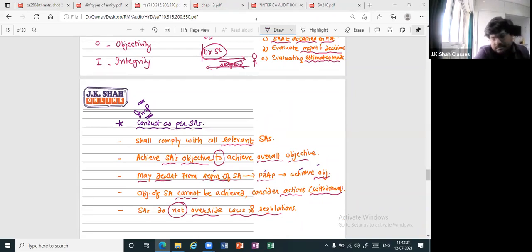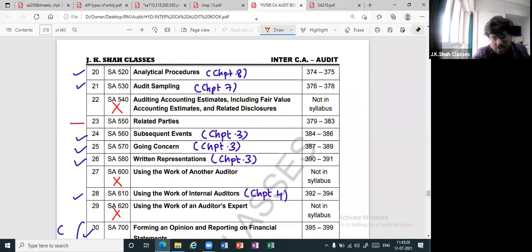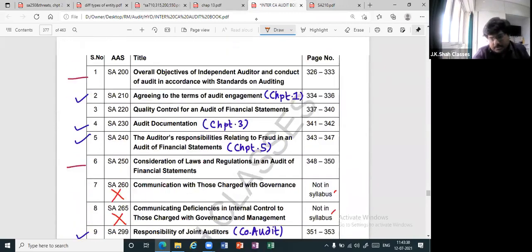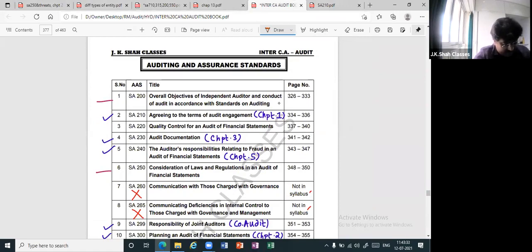Dania, come on, come to the textbook, please. Come behind to the standards on auditing, whatever the page number. I think for you it was some 447 or something, somewhere around that only. 448. In that we had SA 200 which was pending.